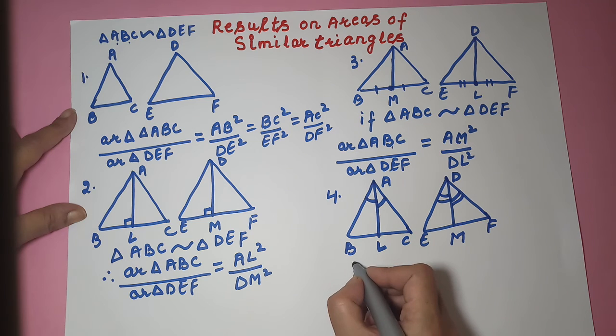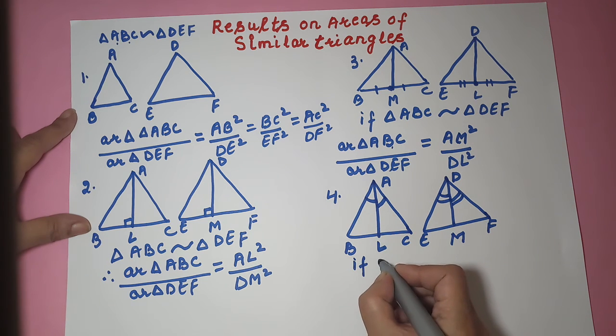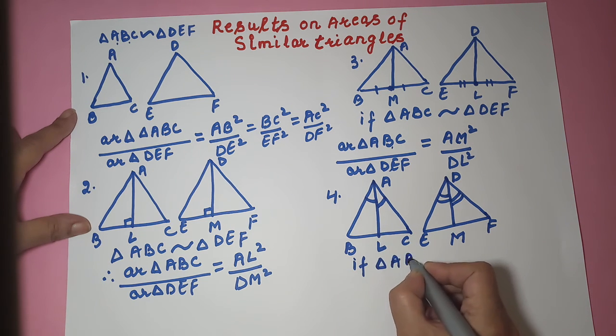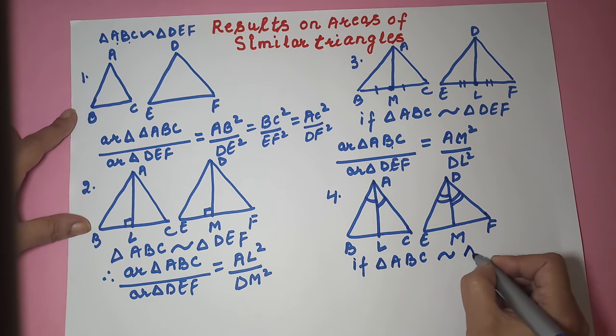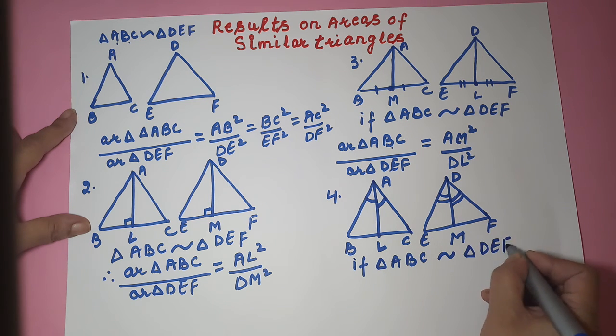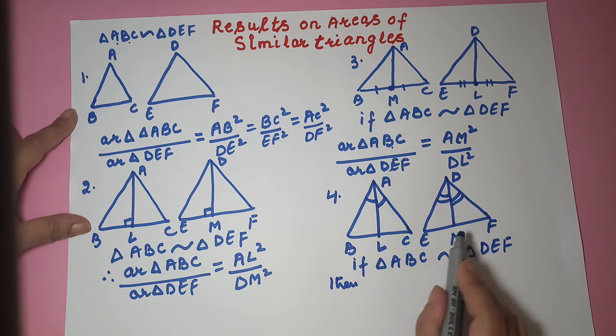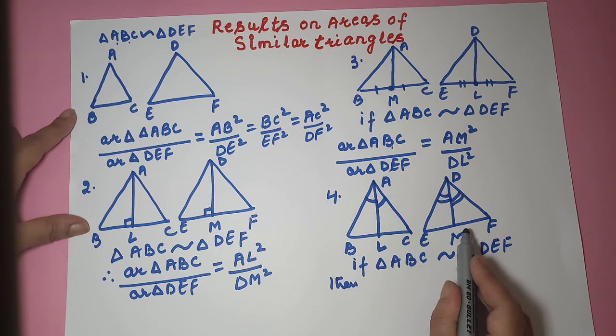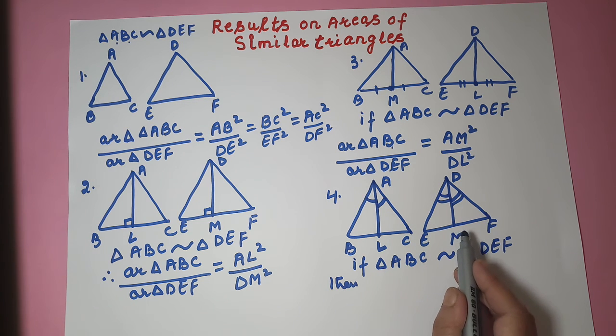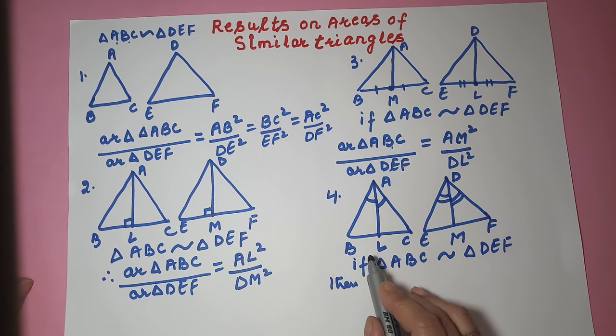So if triangle ABC is similar to triangle DEF, then areas of two similar triangles are proportional to the squares on their corresponding angle bisector segments.